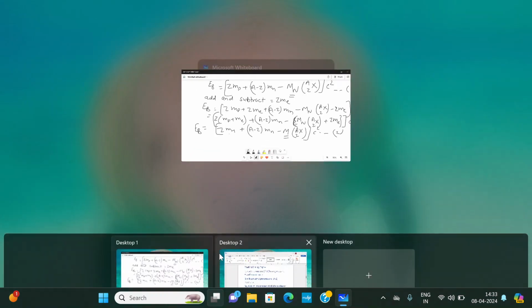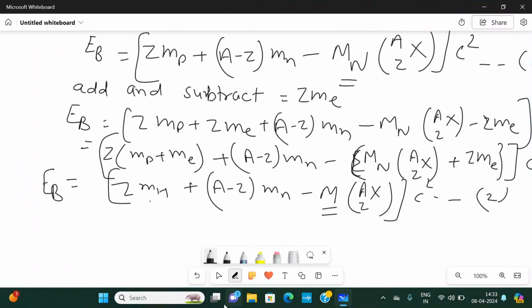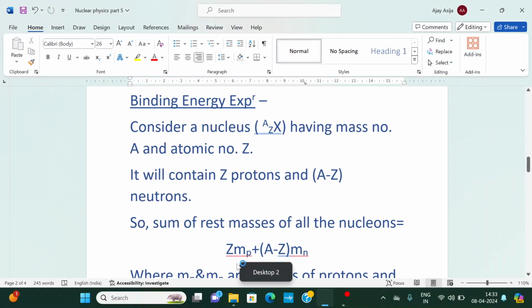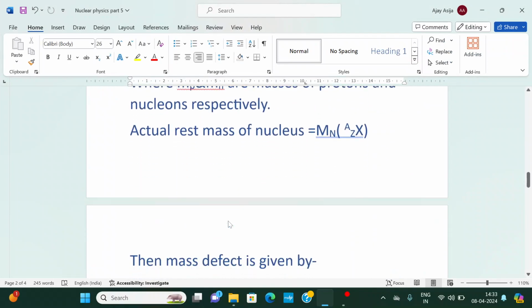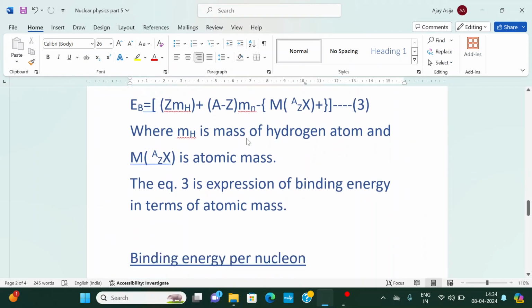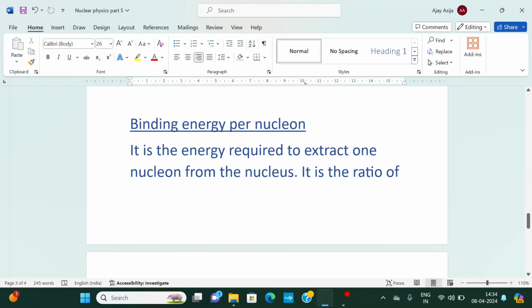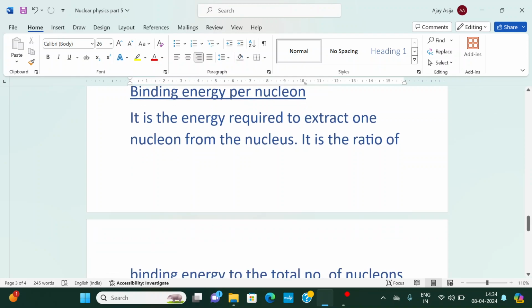Let us move to our last topic, that is binding energy per nucleon. Binding energy per nucleon is a very important quantity because we have to calculate this quantity to find out the stability of nucleus. It is the energy required to extract one nucleon from the nucleus.